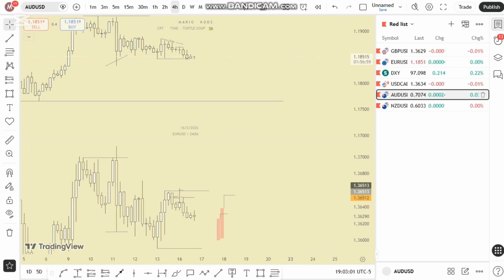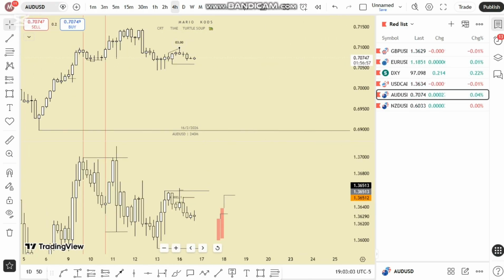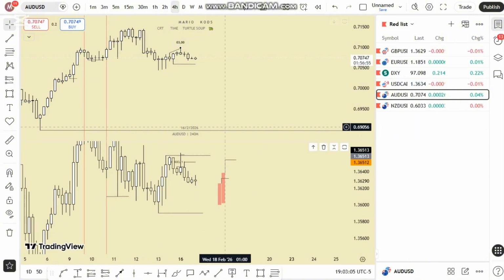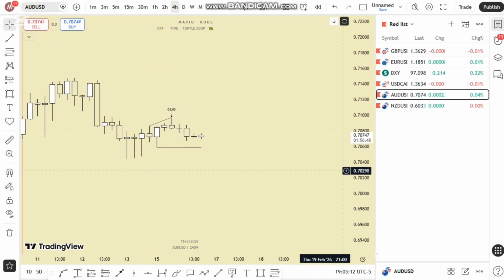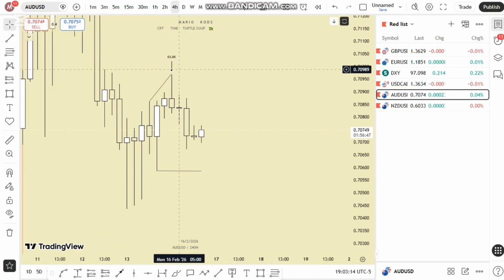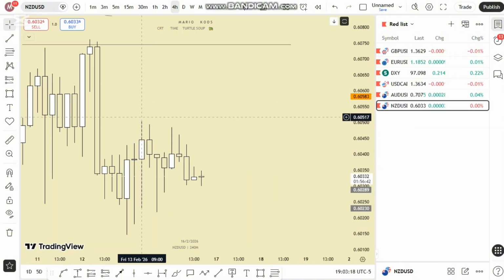Now look at AUD USD. Let's use this. AUD USD gives us an SMT, high, high. And also NZD USD, high, high. SMT that confirms the sell.